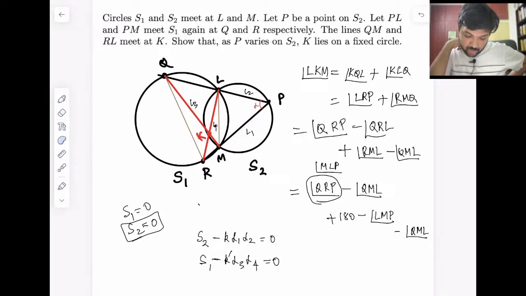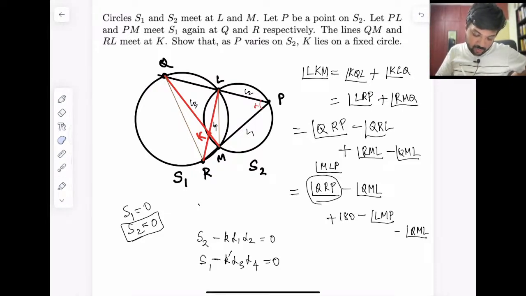What have we not imposed? We have imposed everything. S1 and S2 have L and M in common. So by adding, subtracting and doing something we can.